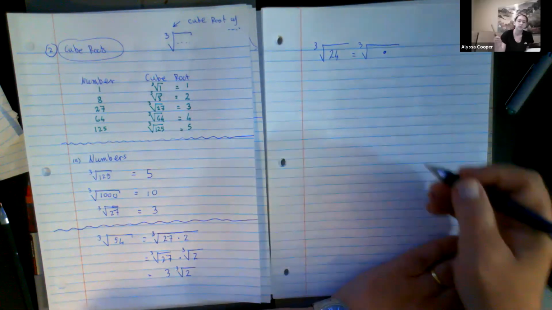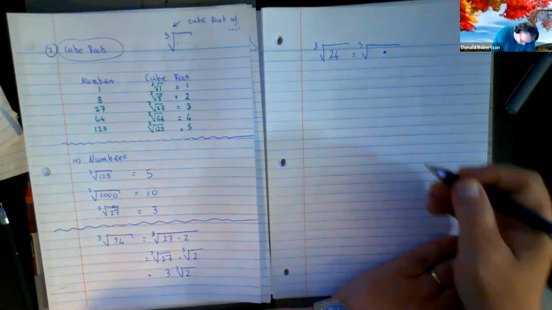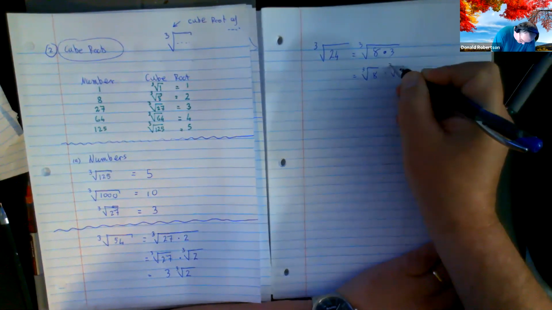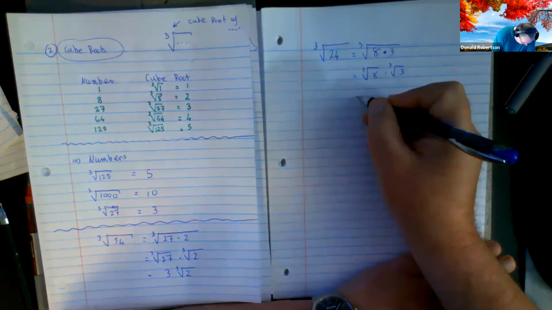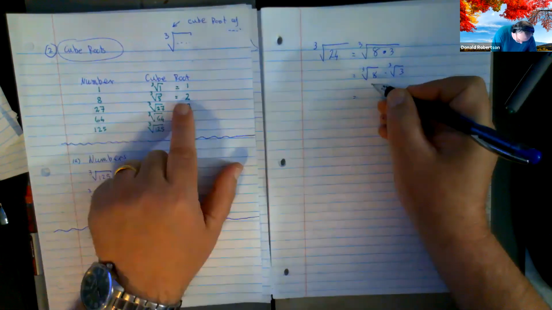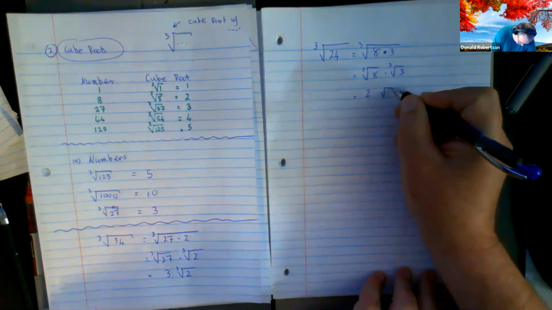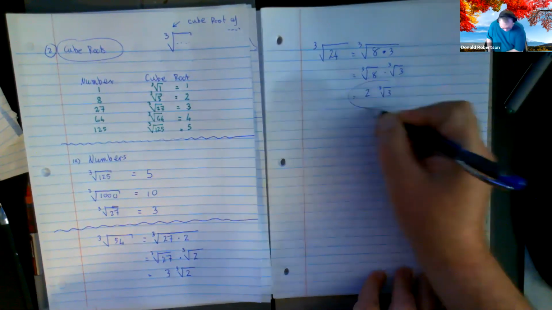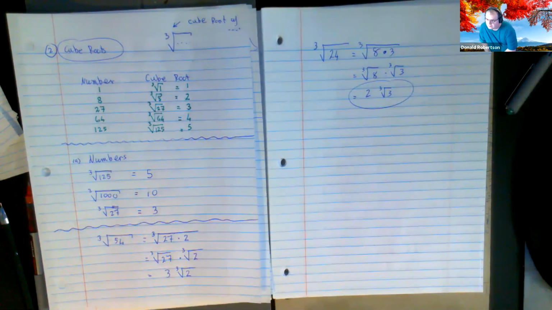And then the cube root of 8, followed by the cube root of 3. And the cube root of 8 is a nice answer. It's 2. And the other guy just gets left alone. And that's basically this final result. We good?